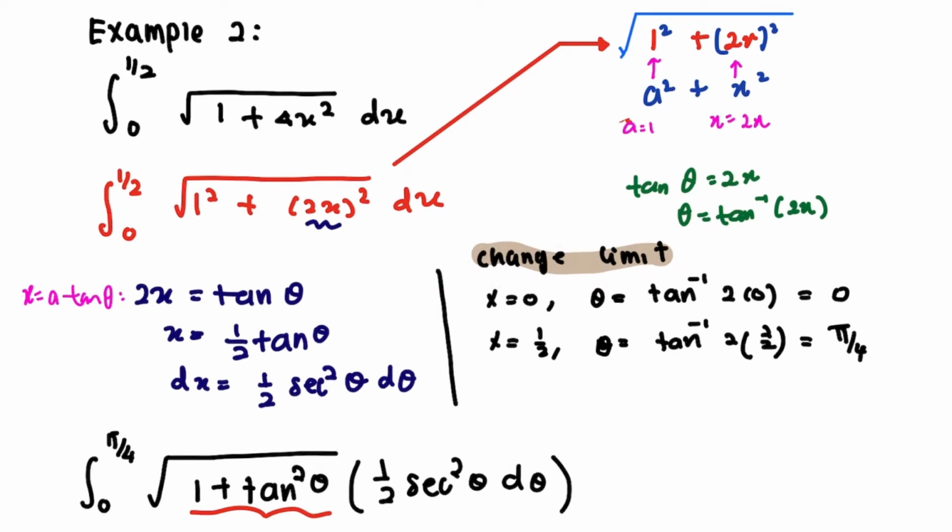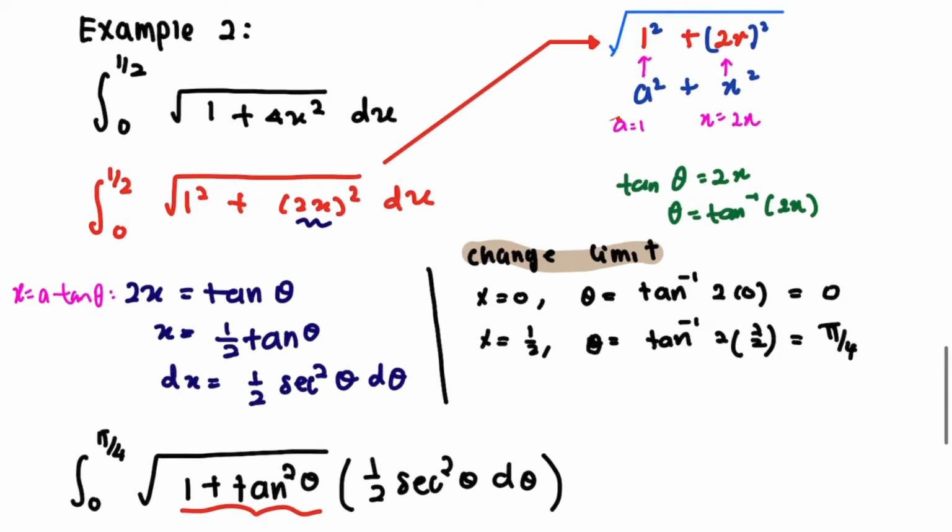Because originally we don't have any limit, so whenever you have your answer in terms of theta, you need to exchange back by using a right angle triangle in order to find the answer in terms of x. However, since we have limits here, we don't have to do that. Since everything is in terms of theta right now, we just change the limits, keep our answer as it is, and then just fill in the new limit.